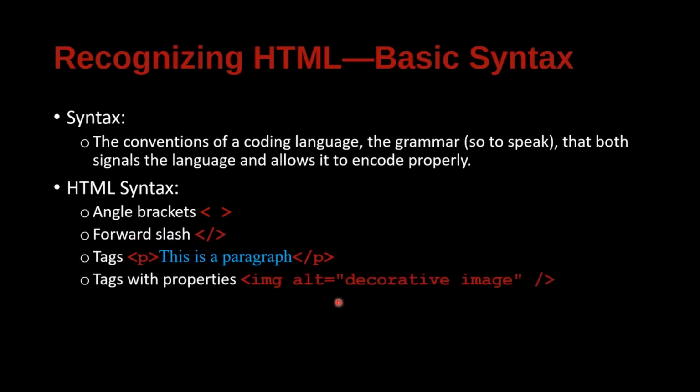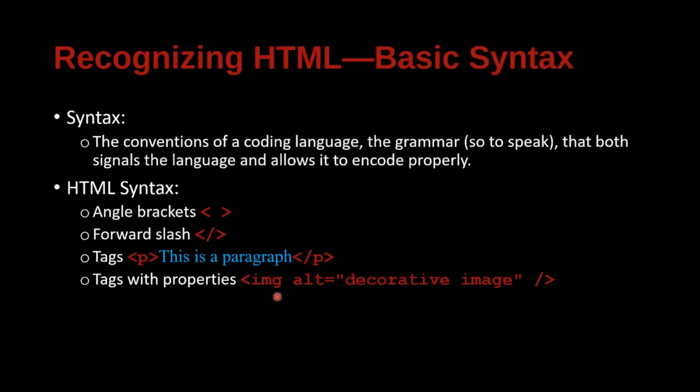You might also have things like properties inside of a tag. In this case, this is an image tag, and it has an alt property that's basically going to describe the image, and that would be read out by a screen reader, for example. In this case, it's just a decorative image, which screen readers can be set to skip.